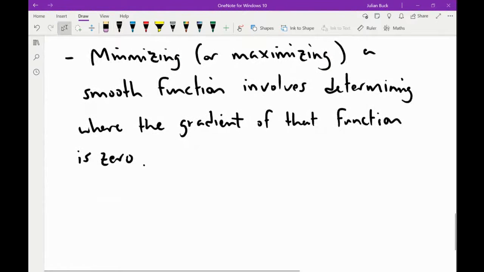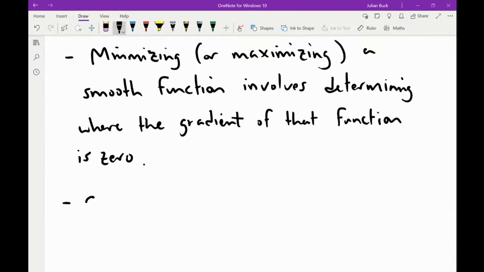So in the context of gradient boosting, gradient boosting machines apply this idea to loss functions.